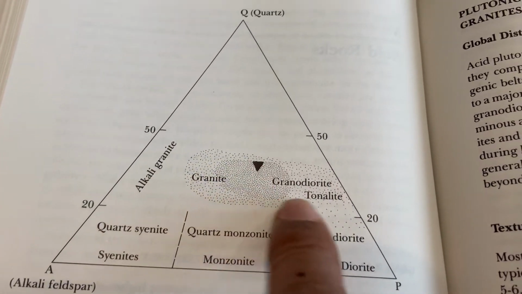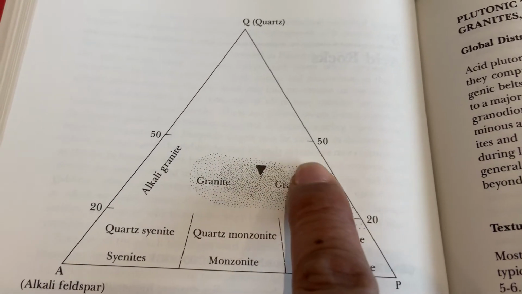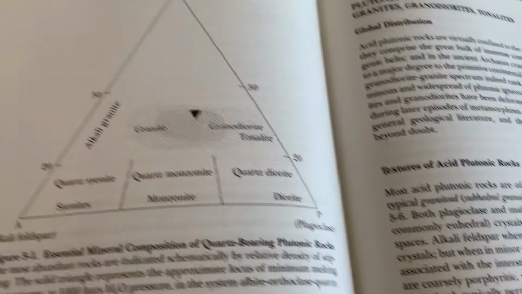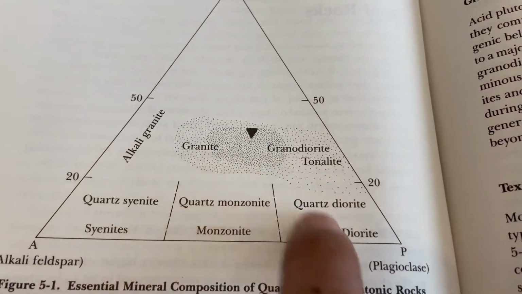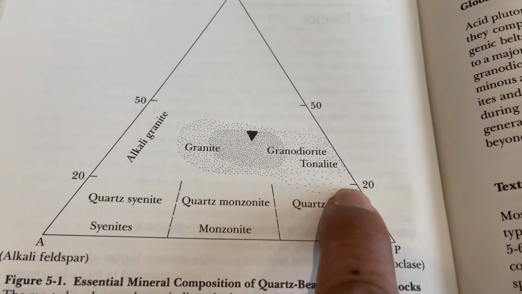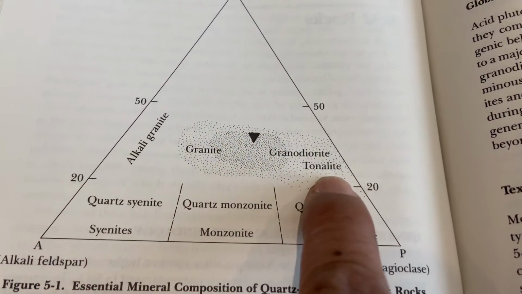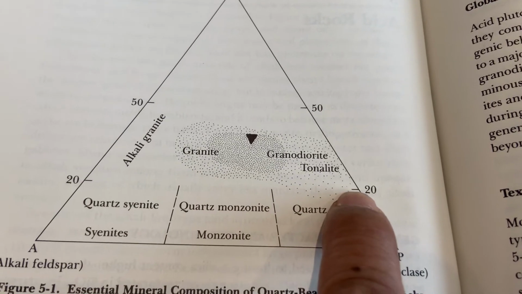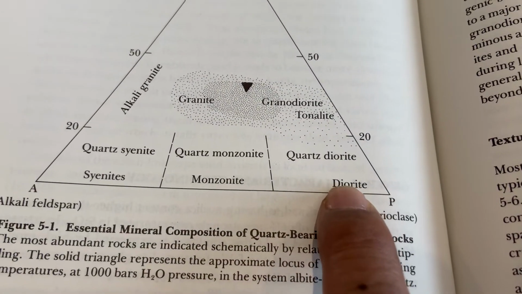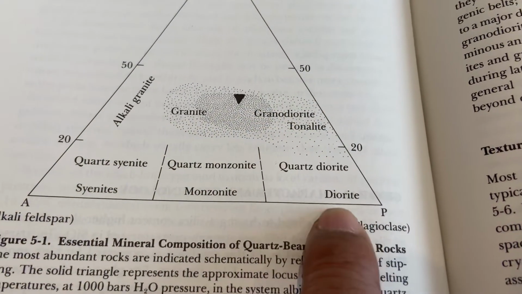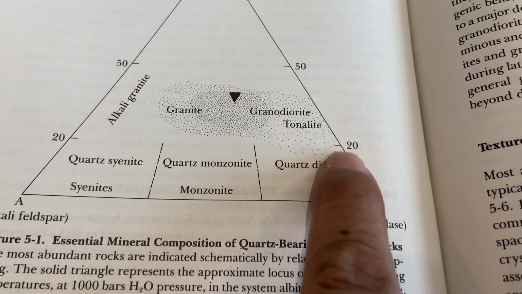So the granodiorite and tonalite are almost white in color, right? But the main difference between a granodiorite, tonalite, versus a diorite is that this one contains more quartz, in fact, greater than 20%. So a diorite is just like a granodiorite, except it has fewer than 20% quartz.